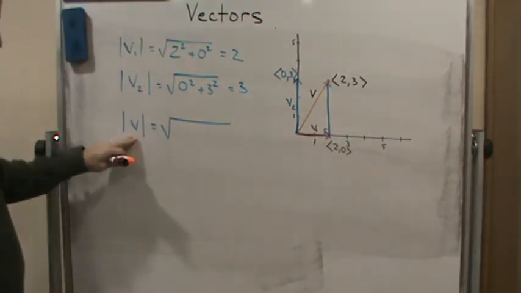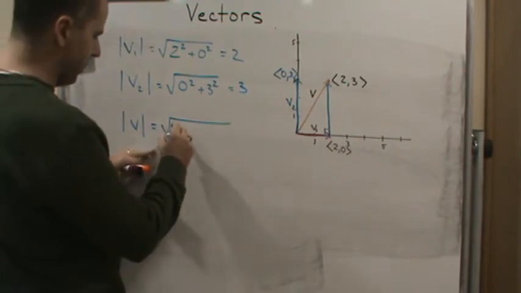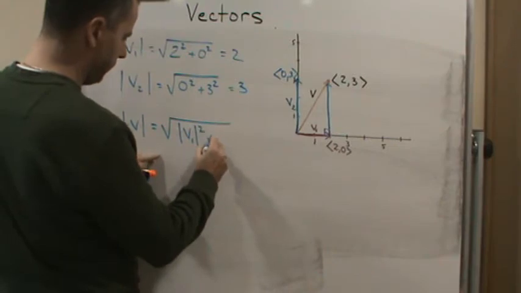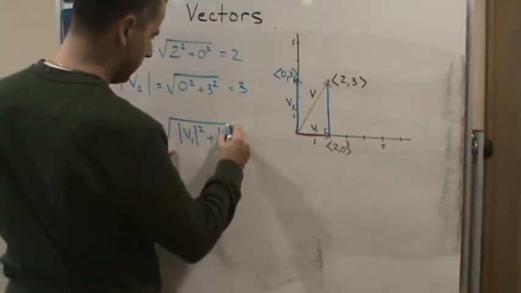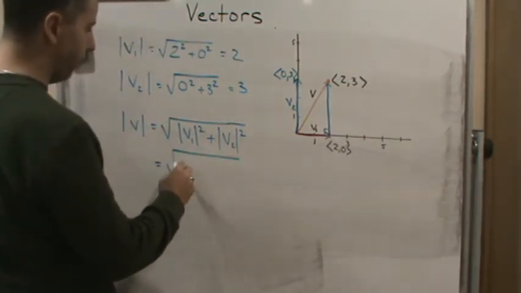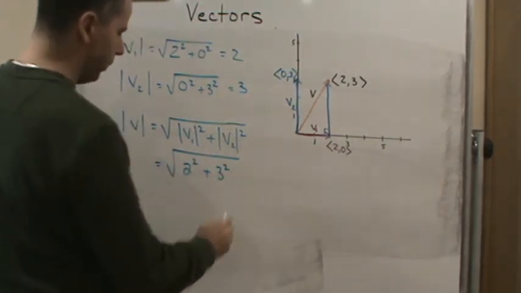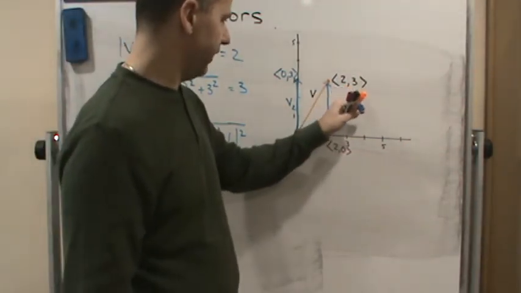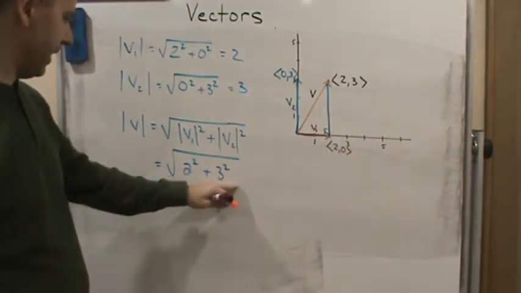So I can write this magnitude as the square root of the magnitude of V1 squared plus the magnitude of V2 squared. And look what we get: the square root of 2 squared plus 3 squared, which is exactly what we get when we find the magnitude of V directly.